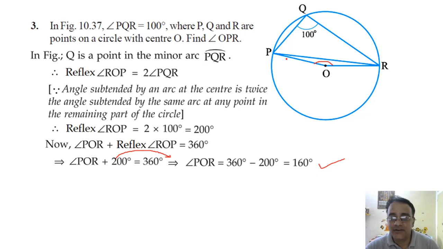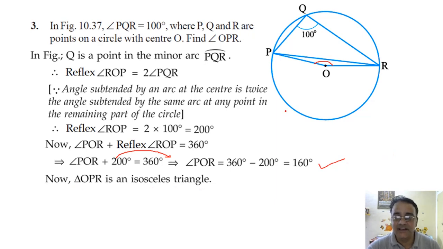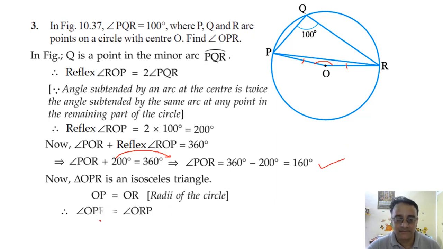Now we will take up this triangle POR. Look carefully at the small triangle that is visible; that is what we are going to take. What is the sum of all the interior angles of that triangle? 180 degrees. Now see, triangle OPR is an isosceles triangle because OP is equal to OR, the radii. This implies angle OPR is equal to angle ORP.